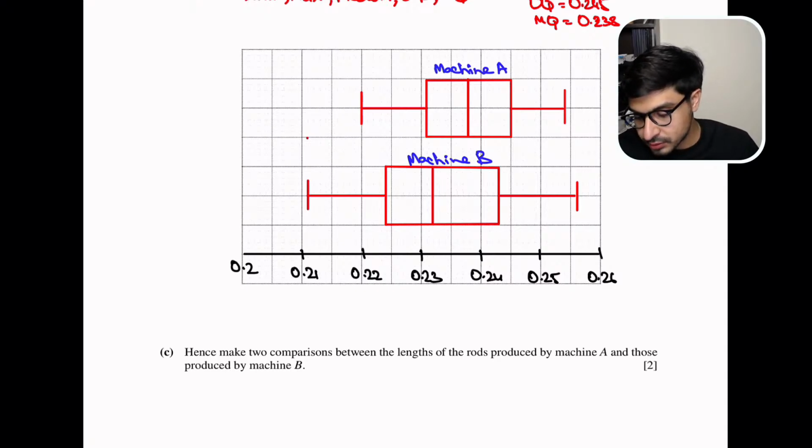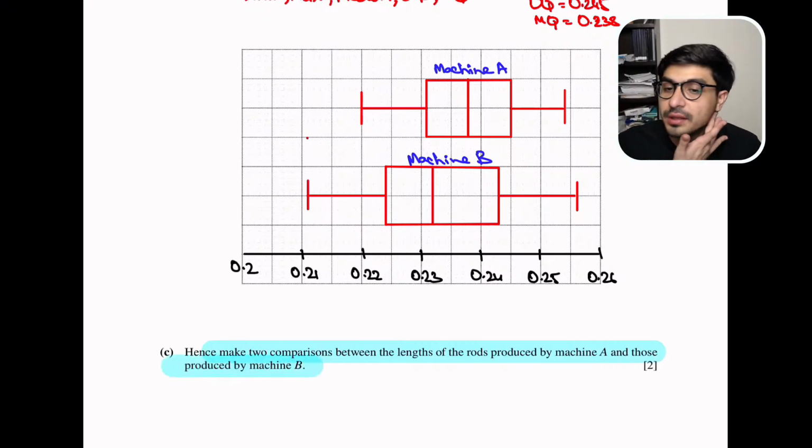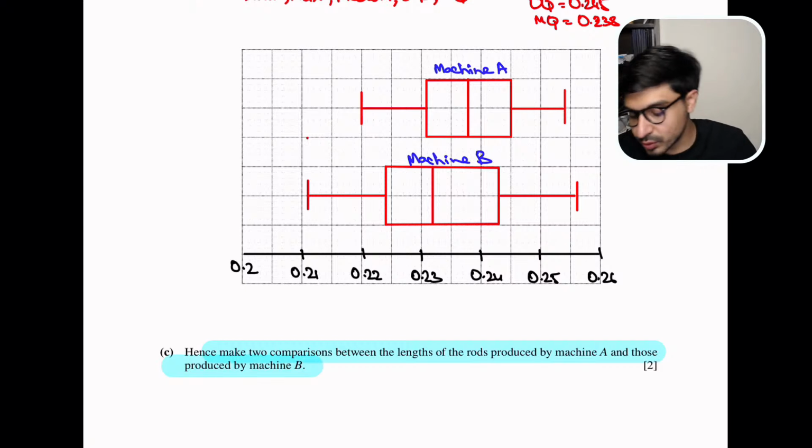Okay, so in this case, we have to make two comparisons between the length of the rods of machine A and machine B, right? We need to make the comparison between the two rods as well.